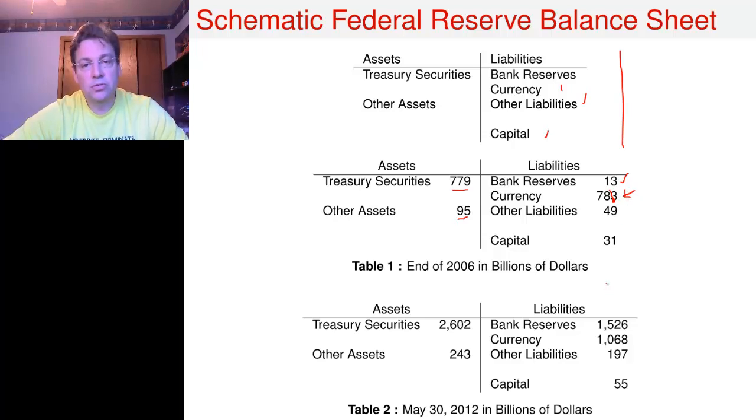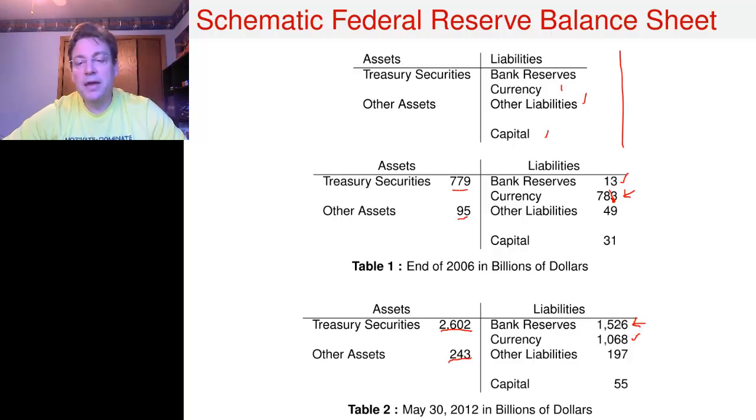Then came the financial crisis. What did the Fed do? It massively bought securities, Treasury securities, and it also took on a bunch of other assets. And how did it pay for these things? It paid for them by printing up some more currency, but that's not the most of what they did. Mostly what they did was they just created these bank reserves.